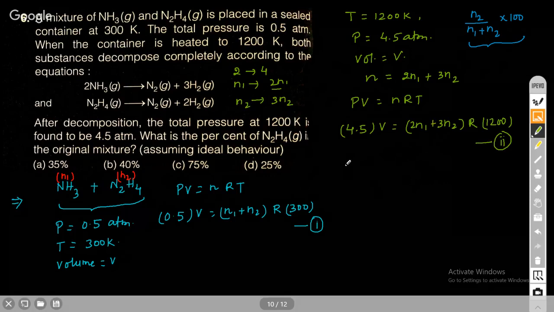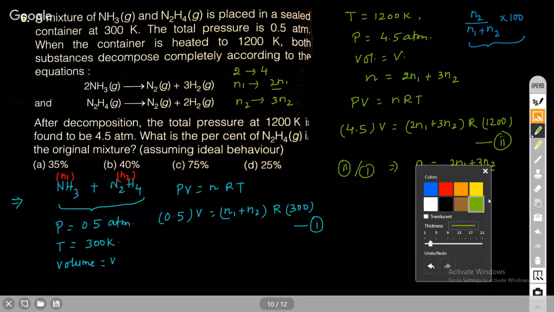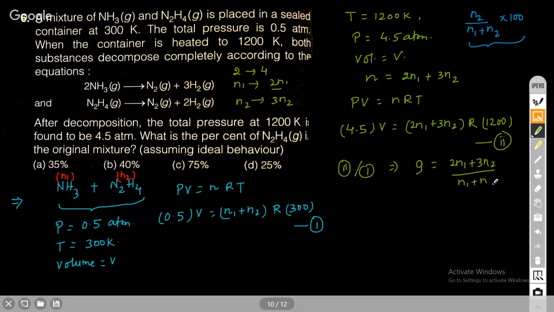I'll take second divided by 1. Left hand side gives you 9, and right hand side we have 2N1 plus 3N2 divided by N1 plus N2, into 4. Now we just have to solve this and get the expression.